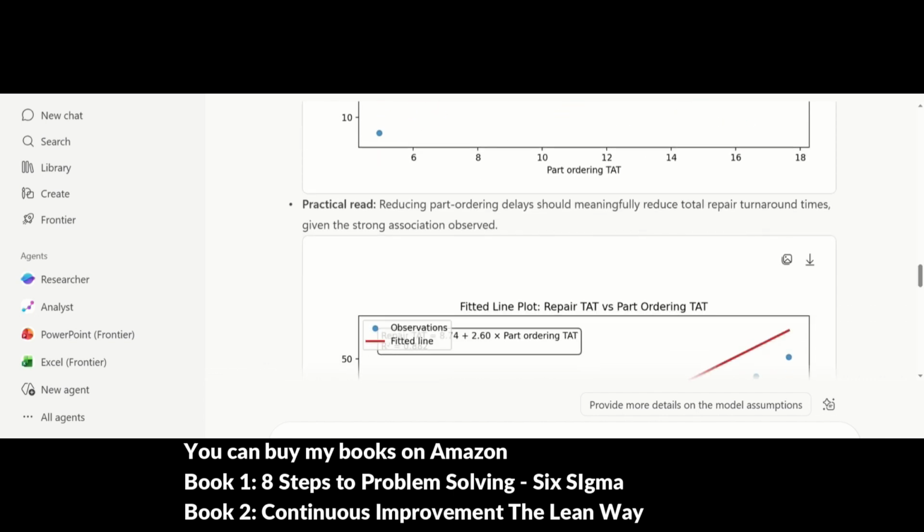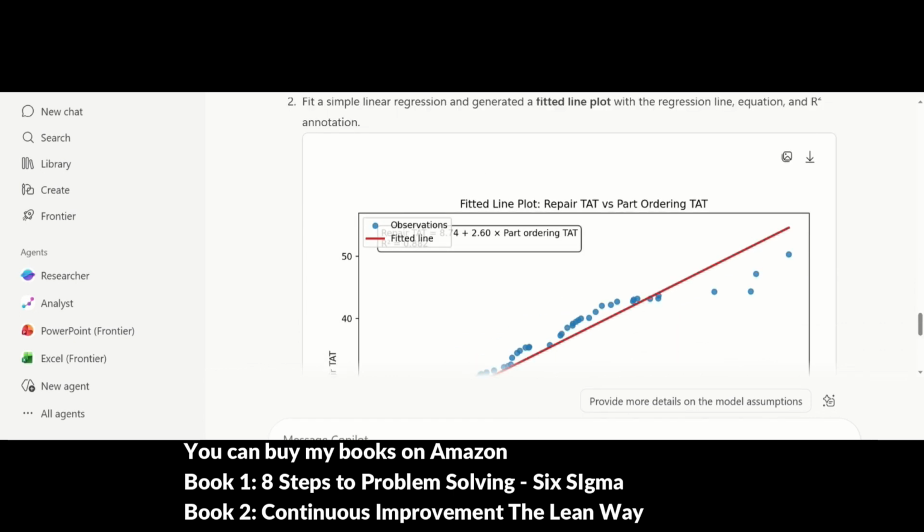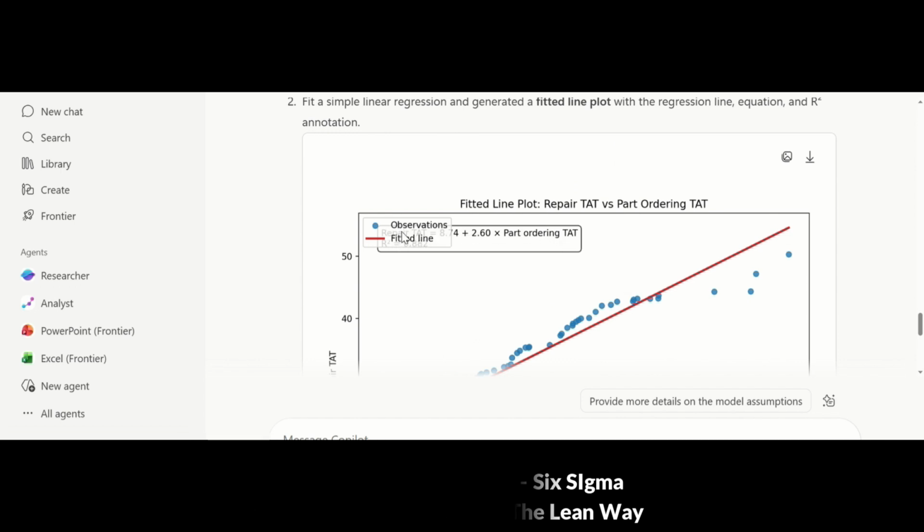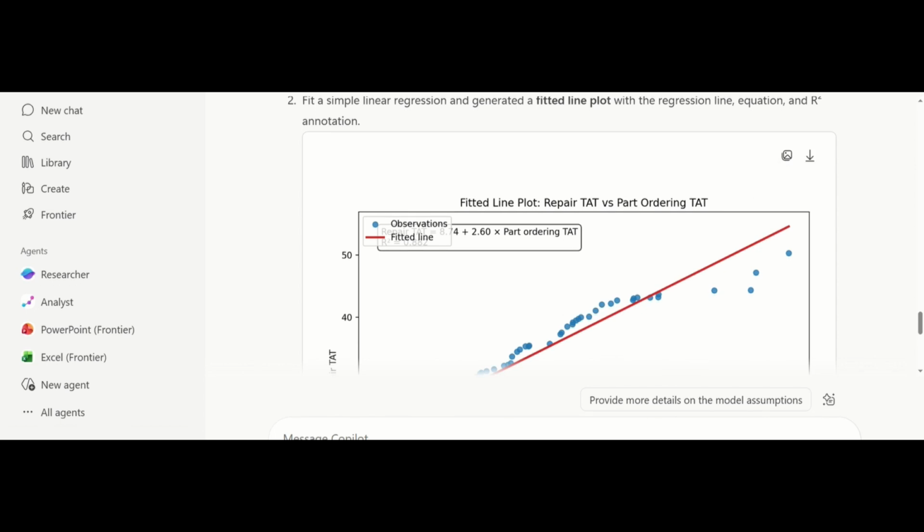Excellent result. If you look at this graph, everything is here, but it is not clear. There is some overwriting on this particular graph. Let's download this and see the image.